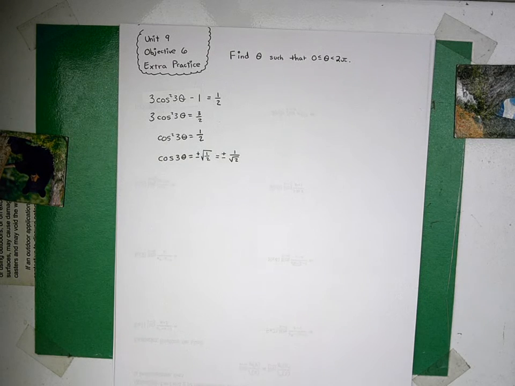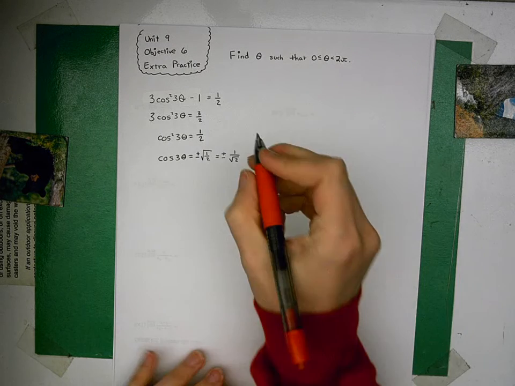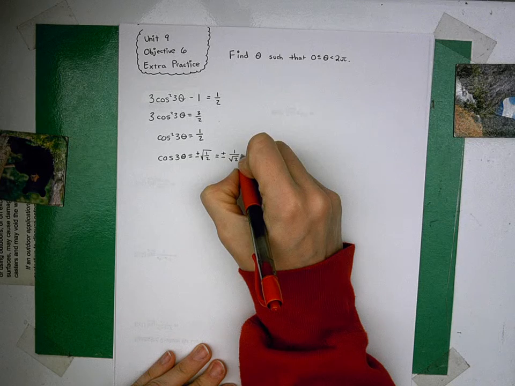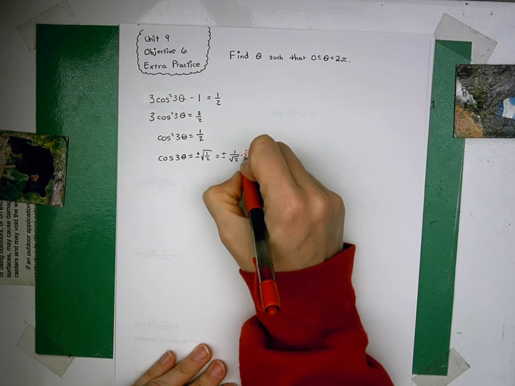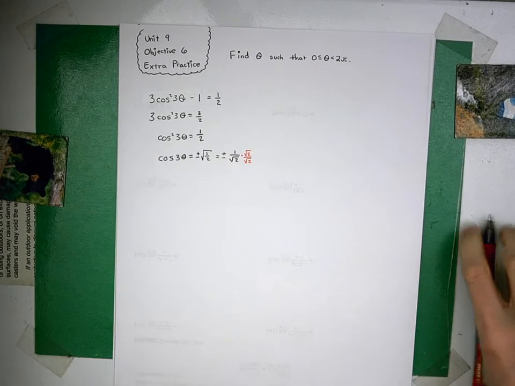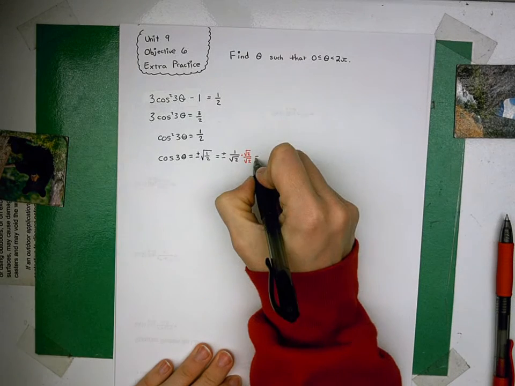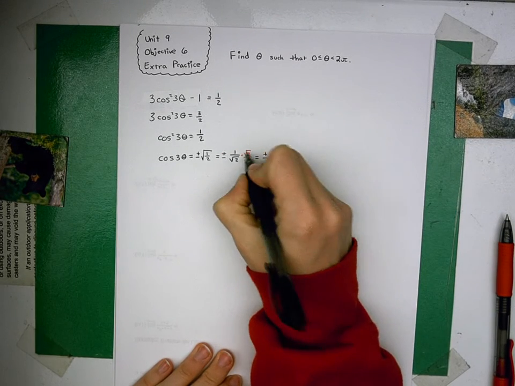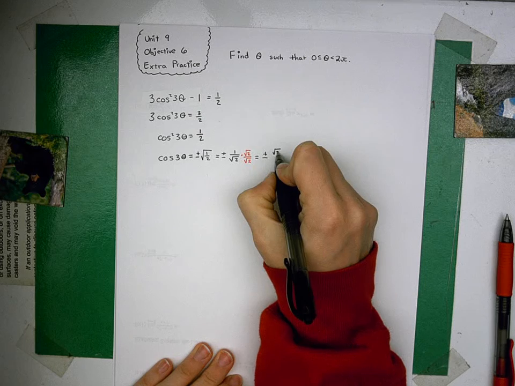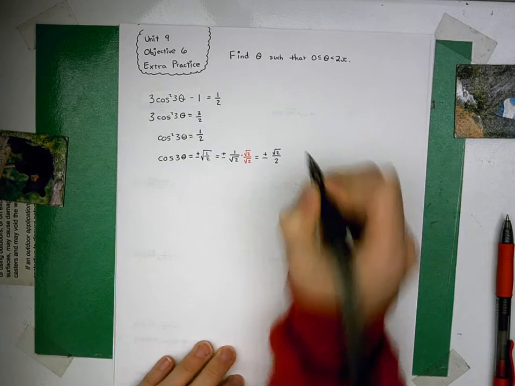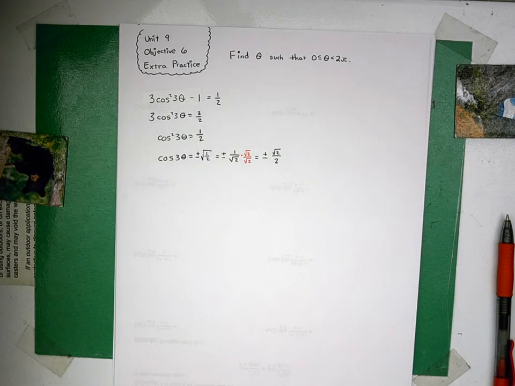But for those who have memorized it or learned another way, you might want to take a moment and rationalize that denominator. So that would mean multiplying top and bottom by root 2, to give you plus and minus, 1 times root 2 is root 2, root 2 times root 2 is 2. And so if you've memorized your trigs as root 2 over 2 rather than 1 over root 2, you might want to take that step.